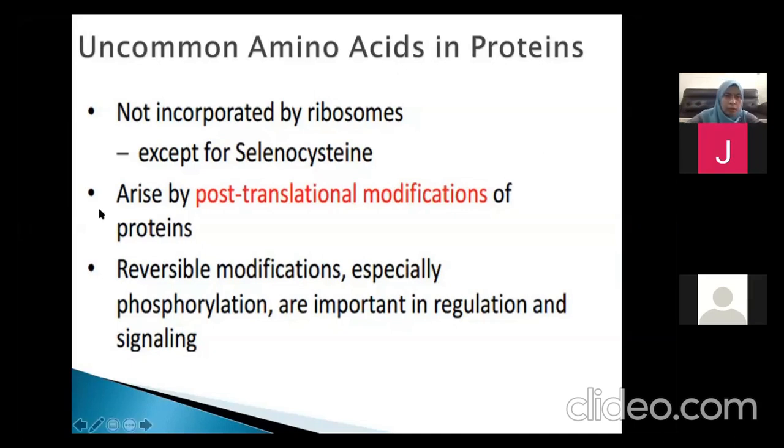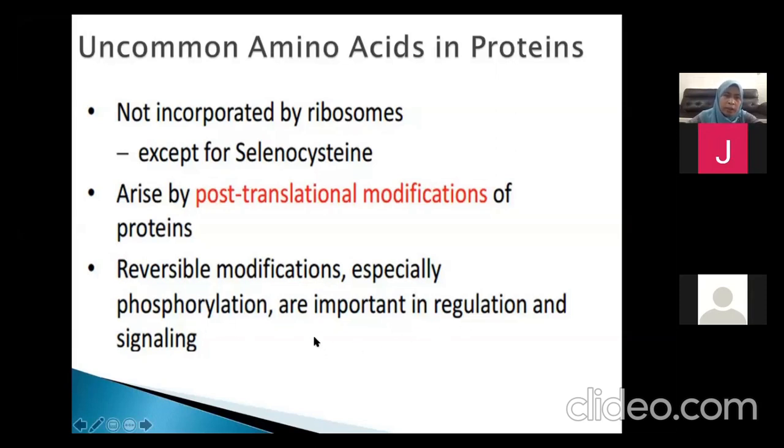So the uncommon amino acids are present after the proteins are translated. Some are reversible modifications, especially phosphorylation, and important in signaling.